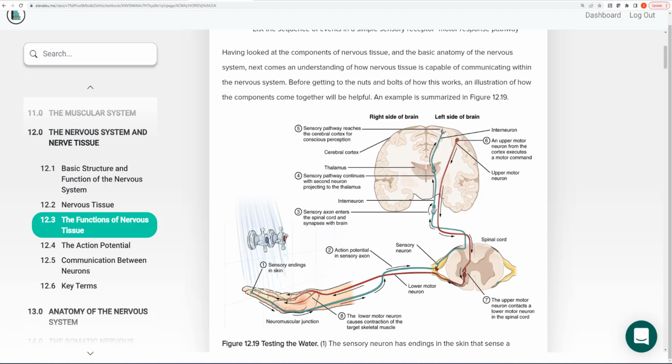The spinal cord is basically the long cylindrical connector between the rest of your body and the brain. That signal is going to travel along that sensory neuron, and look what we see right here, my friend. It is pointed out, that is the cell body of the sensory neuron.